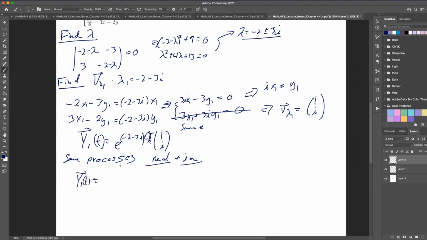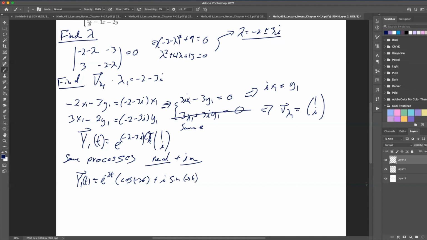So this becomes e to the negative 2t times cosine of minus 3t. Here it gets a little bit weird, but I wanted the negative up here for this, so it's fine.